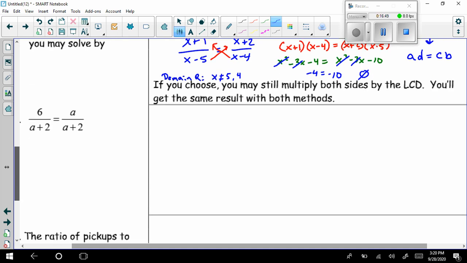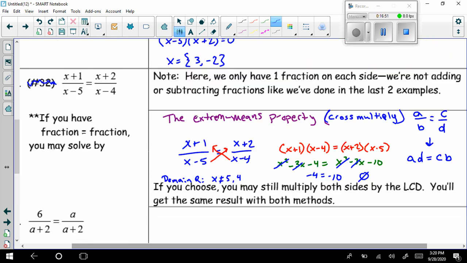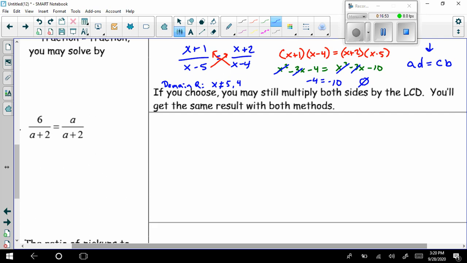All right, so continuing with that, go ahead and look at this problem here. We have 6 over a plus 2 is equal to a over a plus 2. Now, you can take a cross product and you can solve this out. Or you can see something, but we'll just try that first.